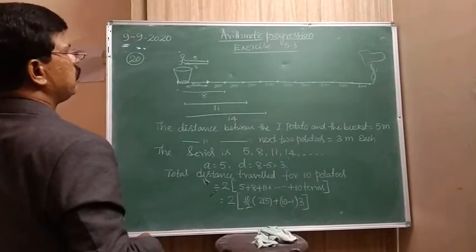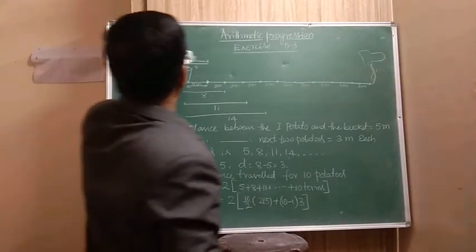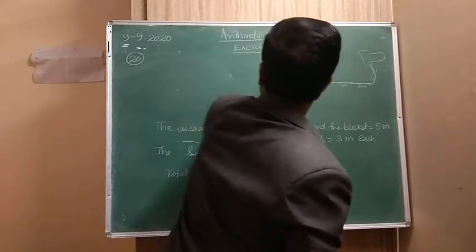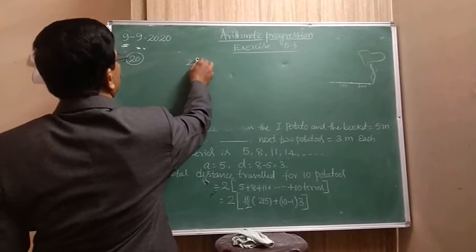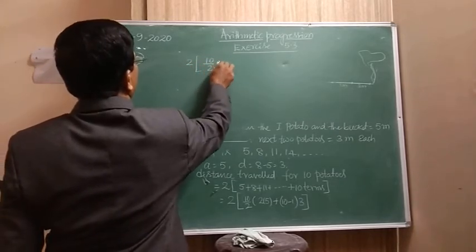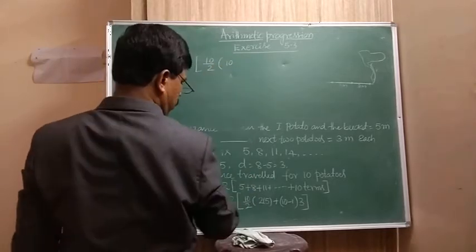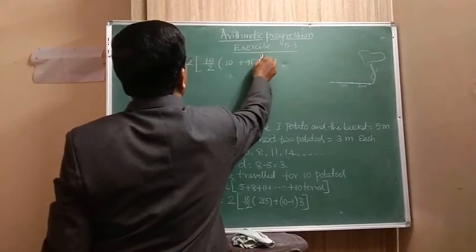Understood? I am rubbing this. Now this is 2 into 10 by 2 of 2 fives are 10 plus 9 into 3.